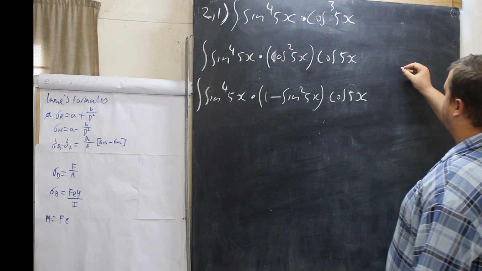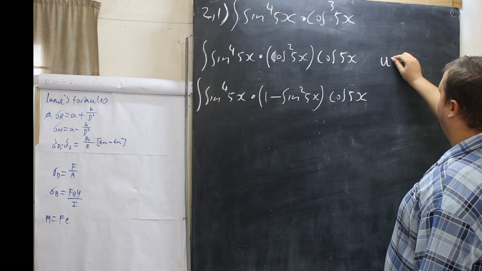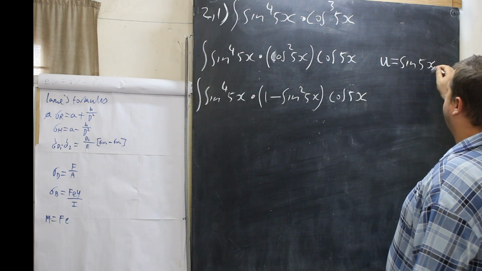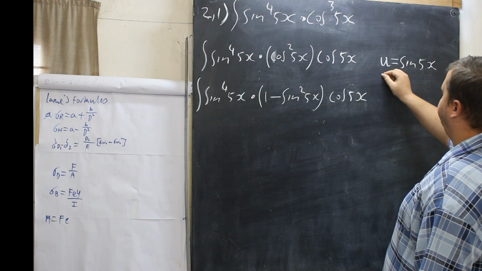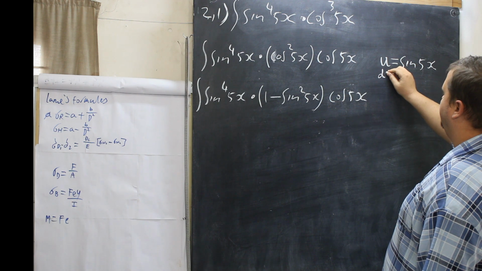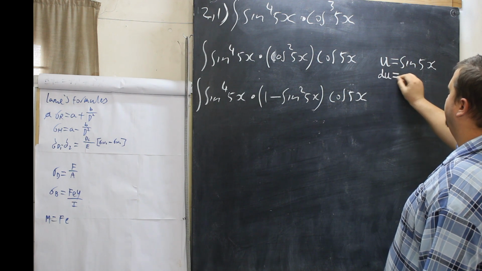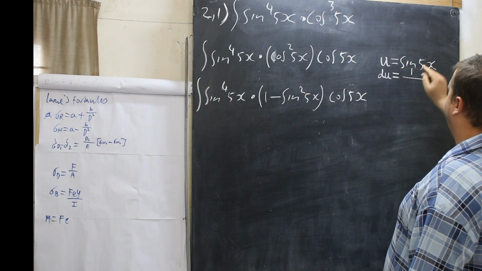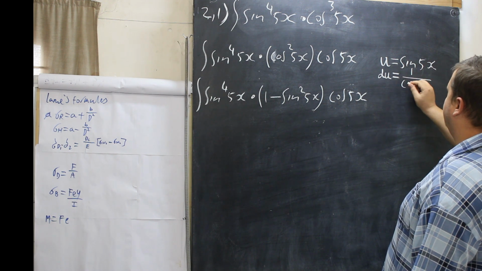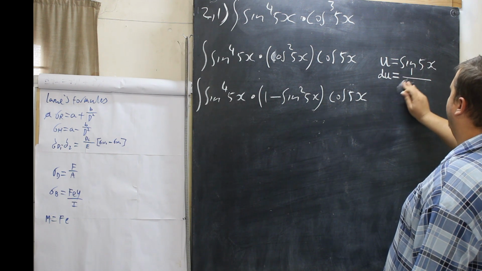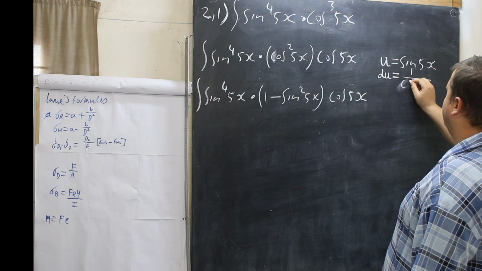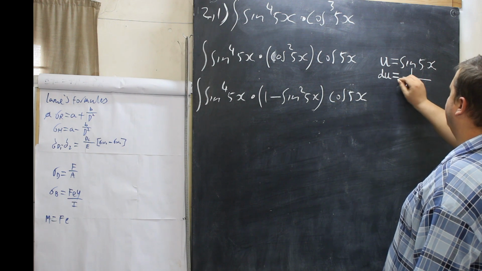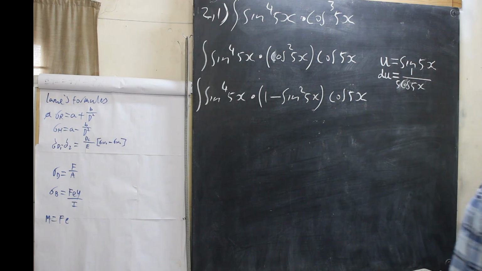So we're going to u substitute. u equals sin(5x), so du is equal to cos(5x) times 5 dx.